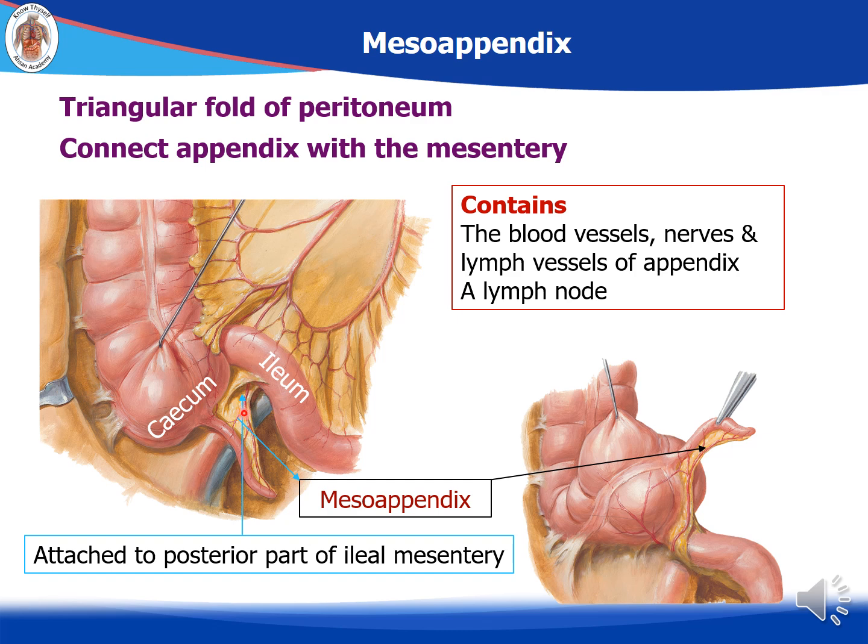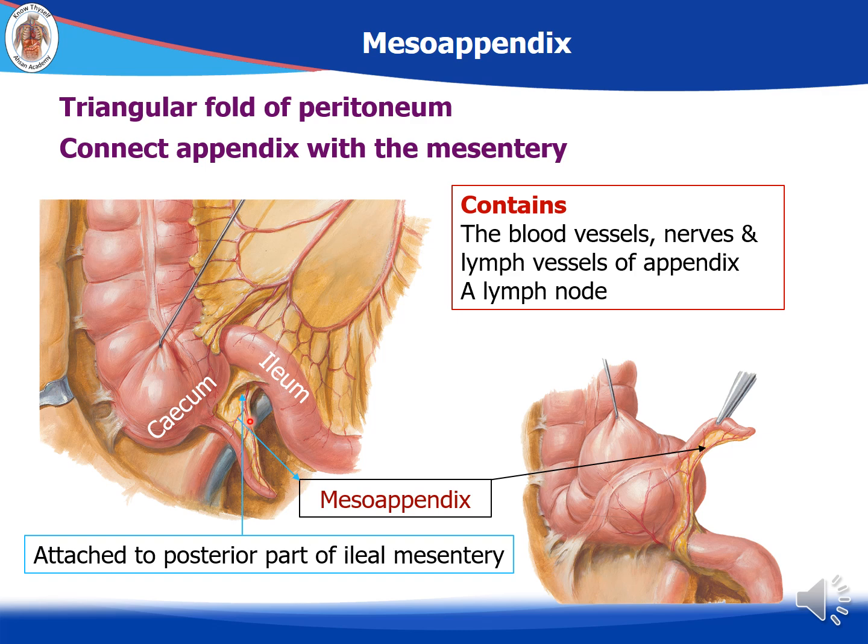This contains the appendicular vessels. This one is the appendicular vessel that runs along the margin up to the tip and gives several branches towards the appendix. So this is of interest to the surgeons because they have to ligate.